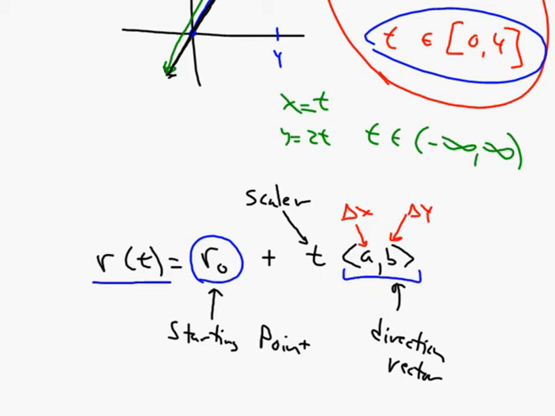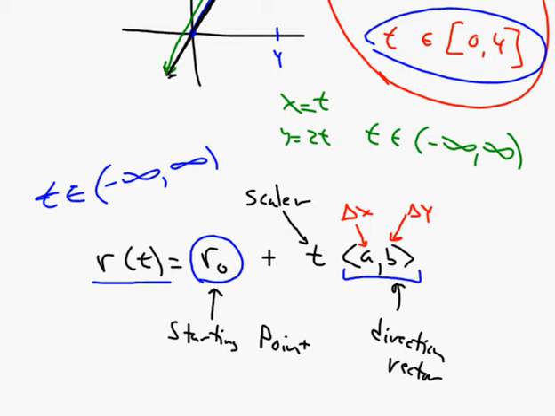But basically in a direction vector, your a value is delta x and your b value is delta y. And we multiply that by some scalar t. So again, we would need to specify a domain for t. If we want to get the whole line, then we would just say t is an element of (-infinity, infinity).